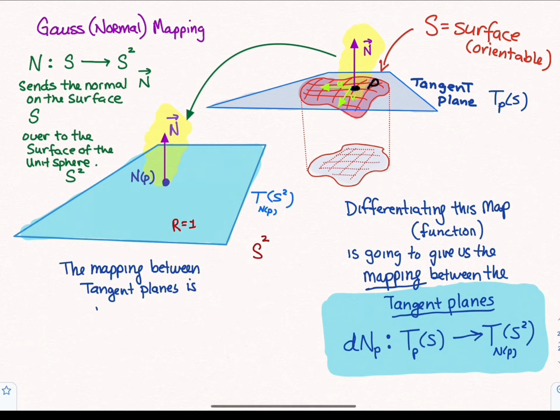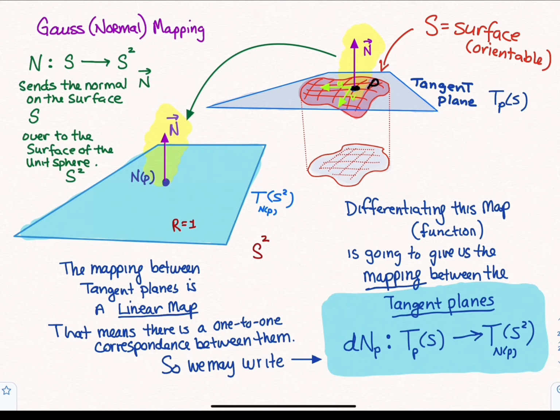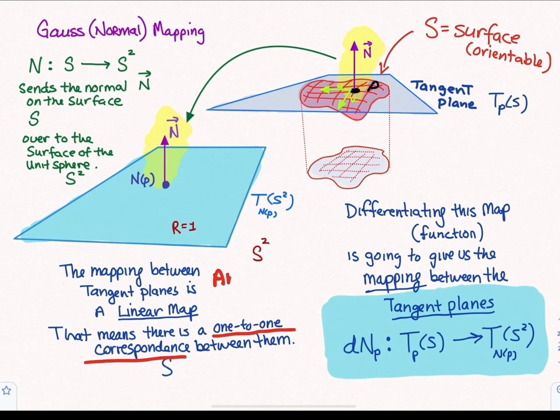That is, the mapping between the tangent planes is a linear map. That helps us out, this 1-to-1 correspondence, in defining an inverse map, which helps us go back and forth between the 2 tangent planes.